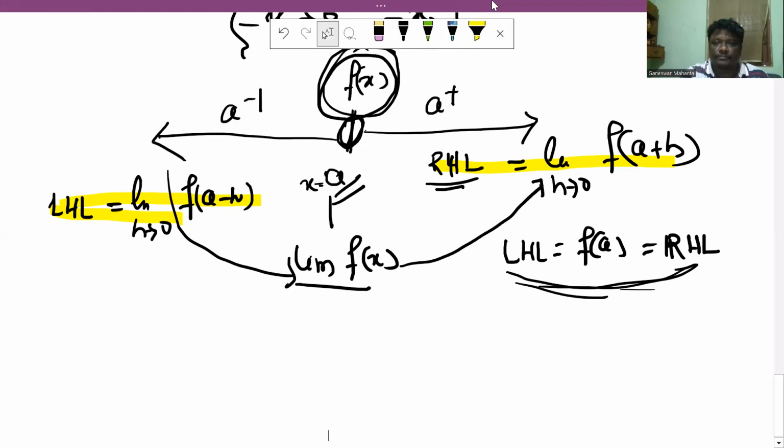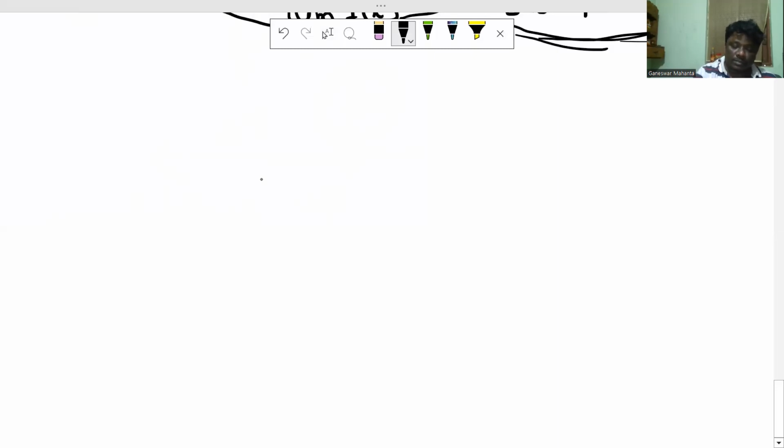Next, one example we have to discuss for the continuity property of a function.